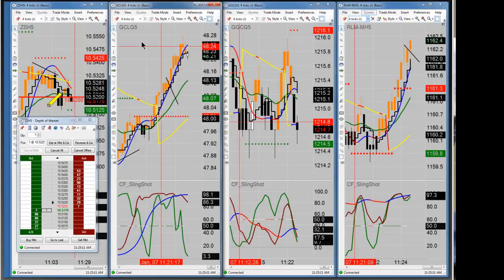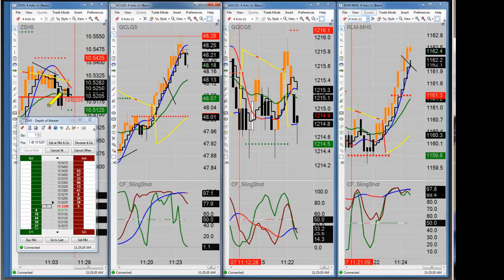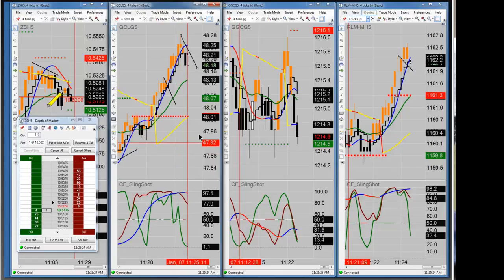All right. On the crude, I don't know what's going on with that soybean trade. It's just taking forever. Oh, it's 11:25. It's time to wrap it up, too. There's the trend line on the crude. There's a trend line over here on the Russell.